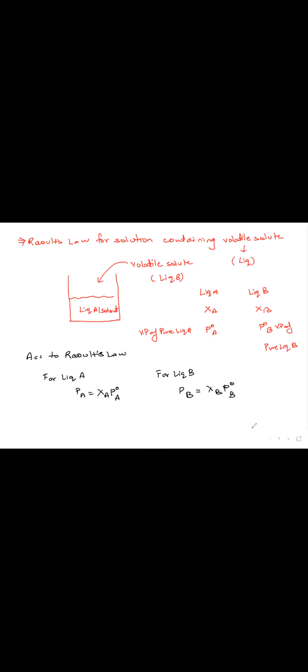So आप observe कर सकते हो, we have equation for PA and PB. As you can see, PA का equation आपको सामने दिख रहा है, PB का equation आपको सामने दिख रहा है. क्या करेंगे? ये दोनों equation वहाँ पे substitute करेंगे. तो मुझे क्या मिलेगा, PT is equal to XA into P naught A plus XB into P naught B.